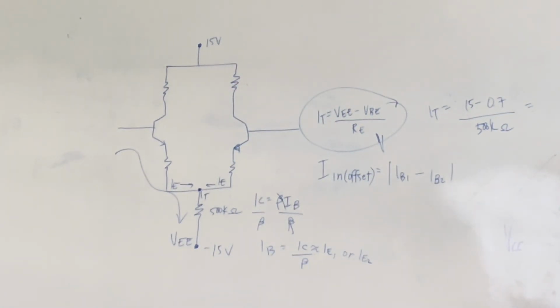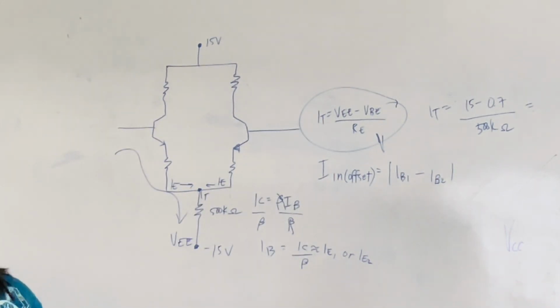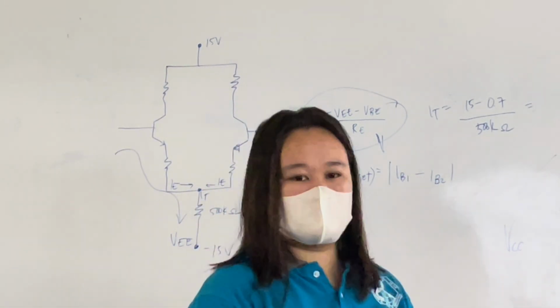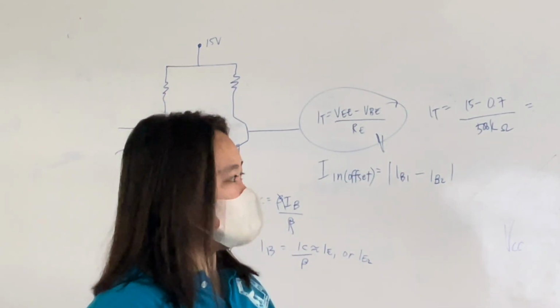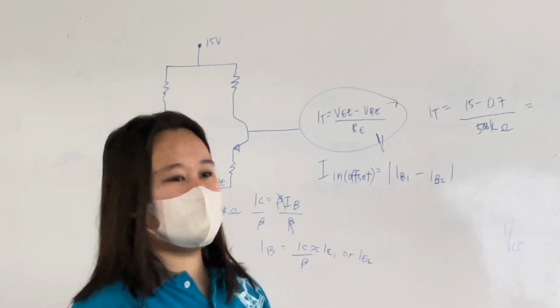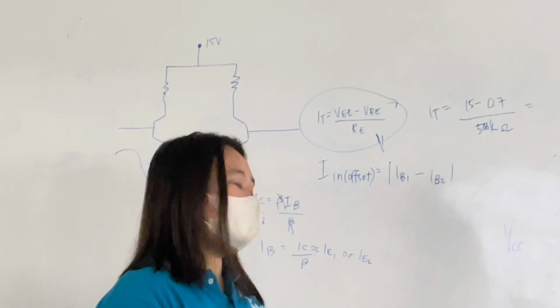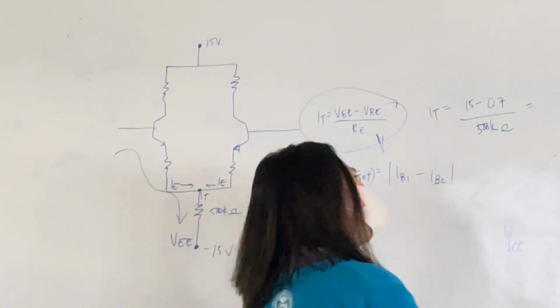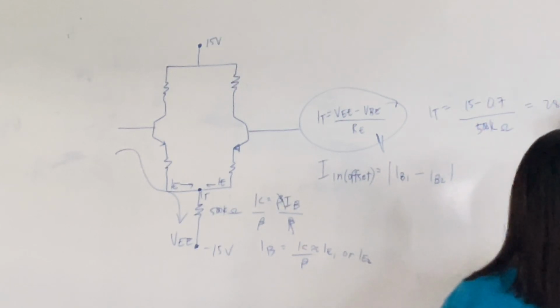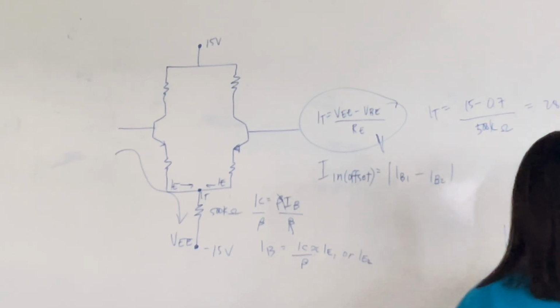The result is 0.0286 milliamperes, which is 28.6 microamperes, times 10 to the negative 6.